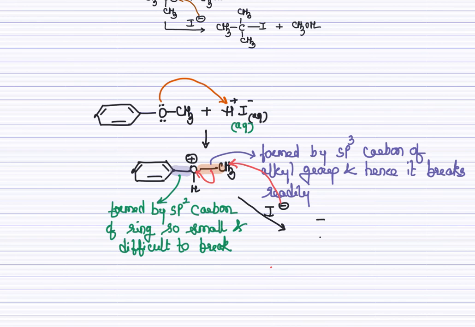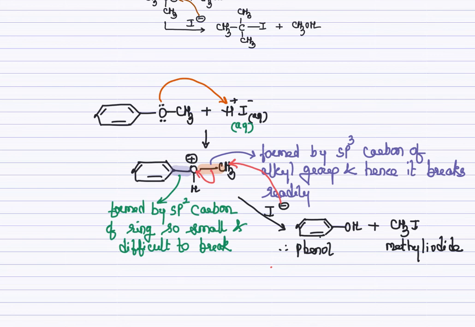You get phenol and you get methyl iodide. And therefore this is your phenol and this is methyl iodide.